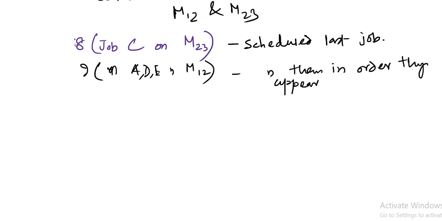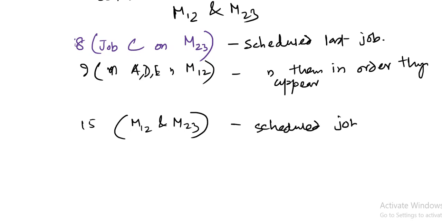The remaining job B has time 15 in both M12 and M23, so schedule job B last among the remaining jobs.